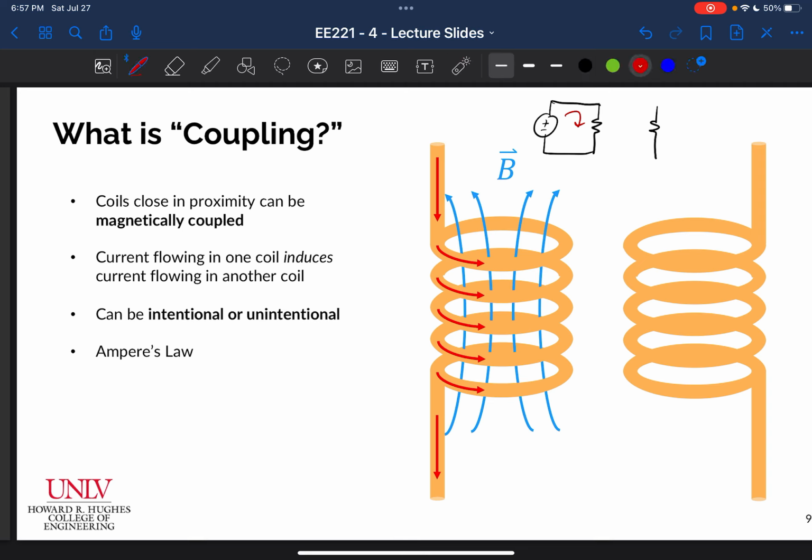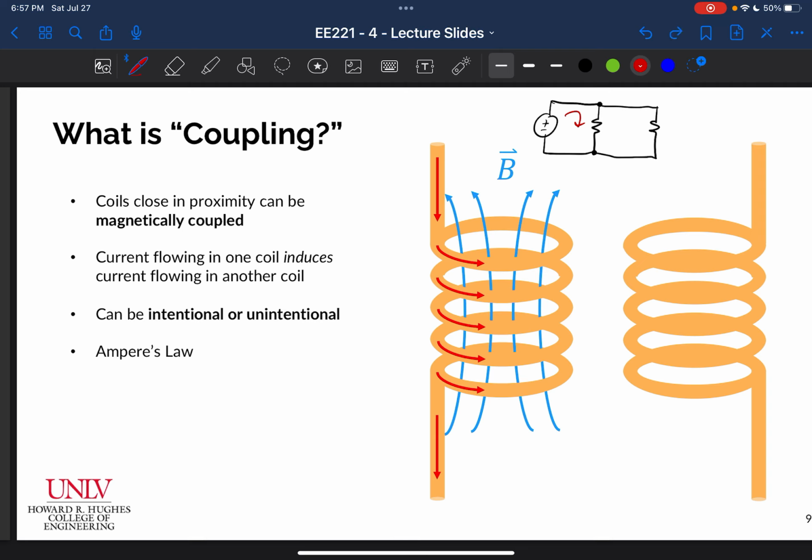But if I connect two wires to this other resistor, now that resistor is electrically coupled to the circuit, and the rest of the circuit will influence this resistor.